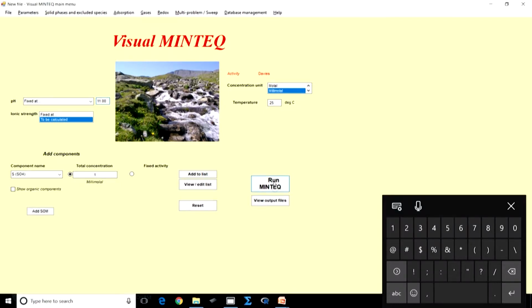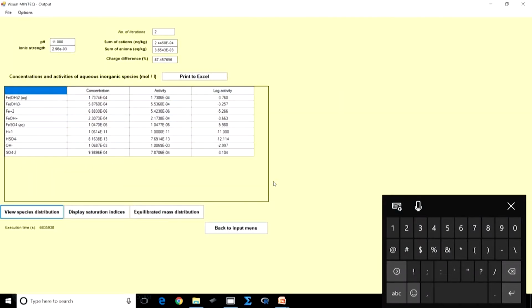and I am going to run Mintek. Again, you still see a further increase in your complexes, FeOH plus, FeOH thrice and FeOH twice, and now you see that the actual free metal concentration is much lower.